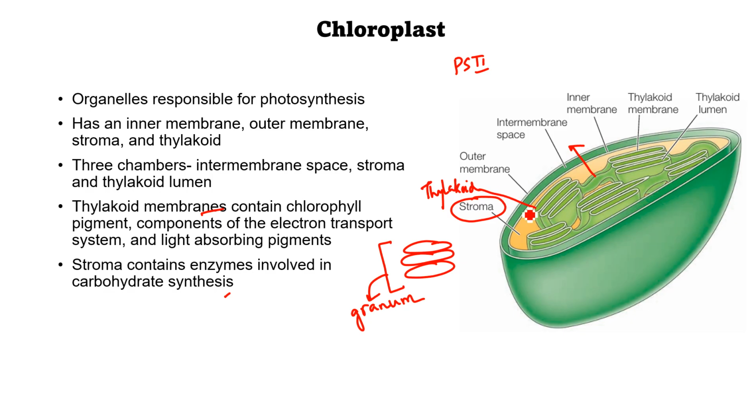While the dark reaction is when NADPH and ATP are used for synthesis of glucose. So that is the dark reaction. All the different enzymes, Rubisco and others which you have studied, are present in the stroma of the chloroplast.